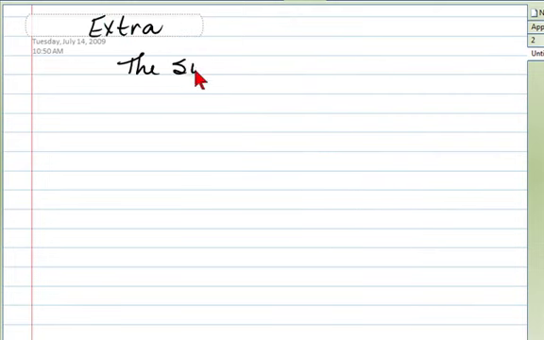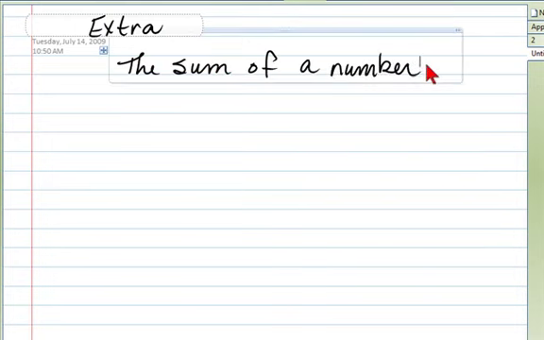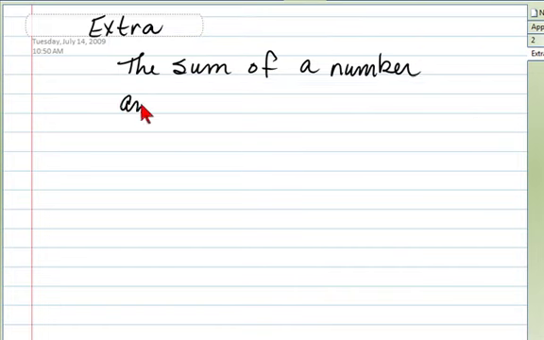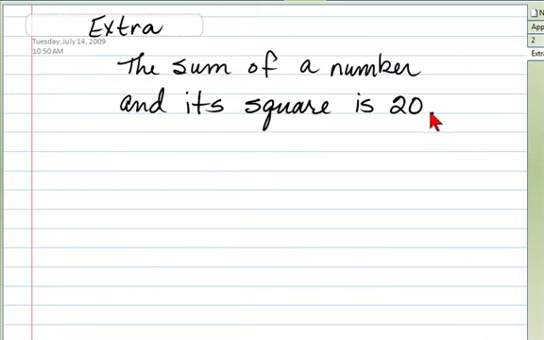The sum of a number and its square is 20. Find the number.